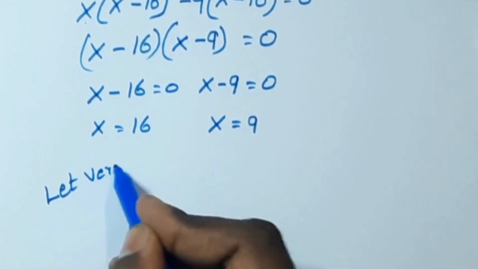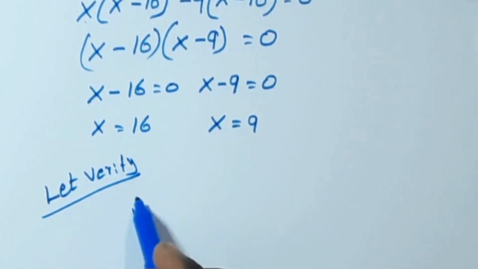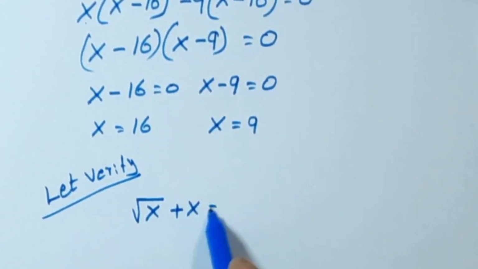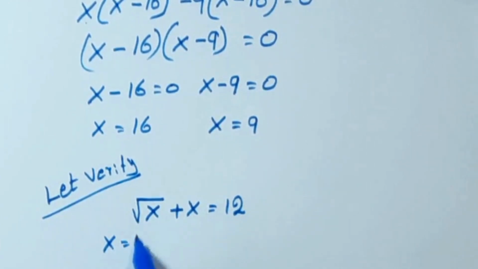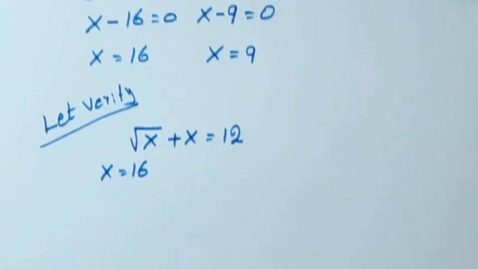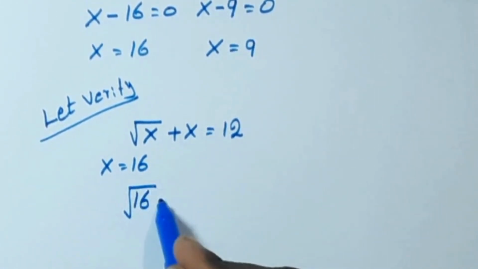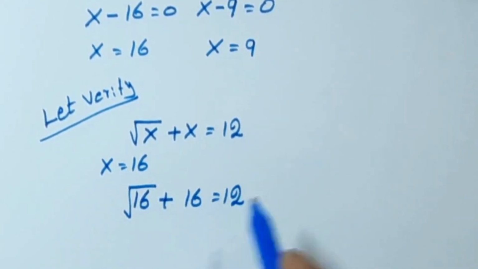Verify. In square root of x plus x equal to 12, substitute x equal to 16. Now square root of 16 plus 16 equal to 12.